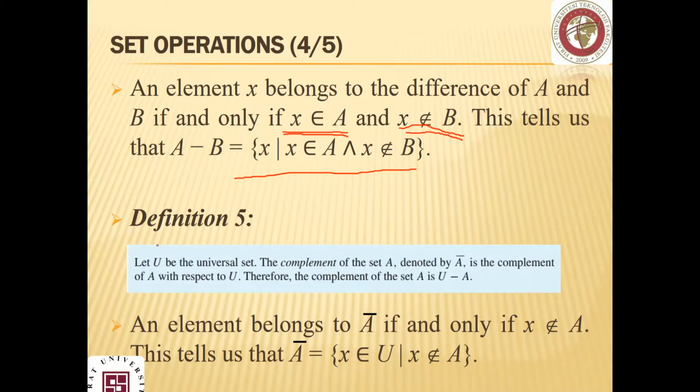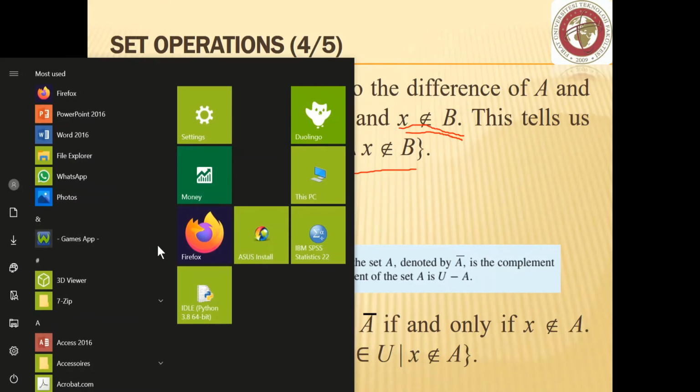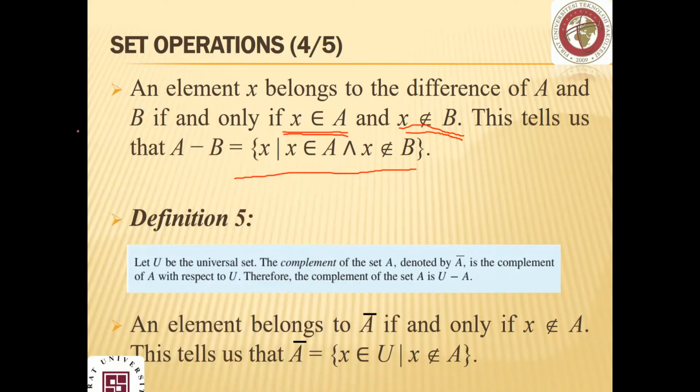If we say another set, let's say all students of software engineering, that's also a universal set for the students who are actually studying in the Department of Software Engineering. All right.